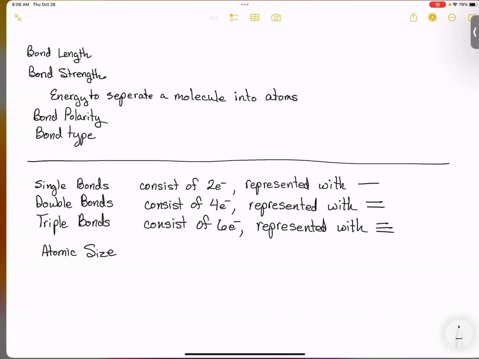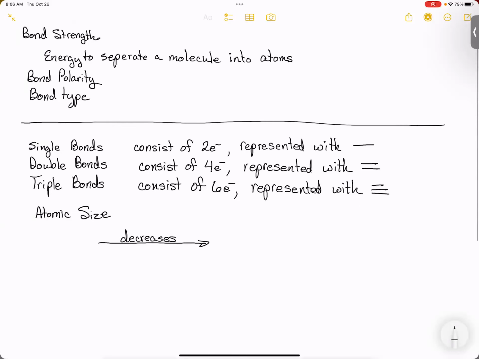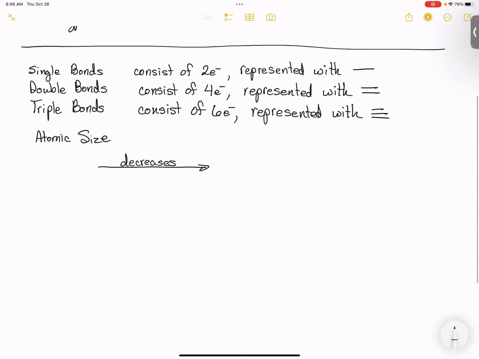As a reminder, the size decreases across a period due to increasing Z effective, and the size increases down a group due to the addition of more and more shells, more and more principal quantum numbers.